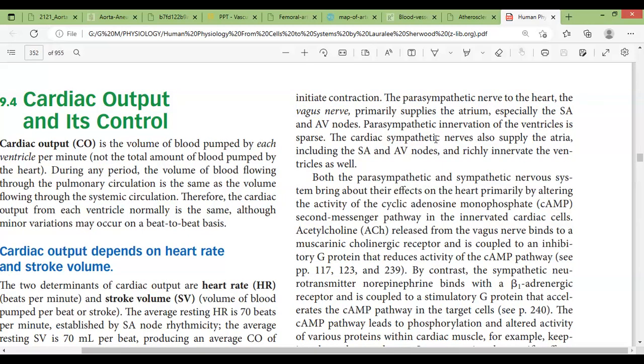Parasympathetic will cause bradycardia or decreased cardiac output. Whereas the sympathetic also supplies the same areas, but richly innervates the ventricle. So parasympathetic is majorly in the atrium, whereas sympathetic is majorly in the ventricles.